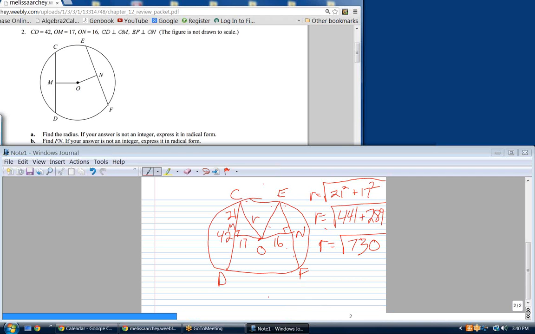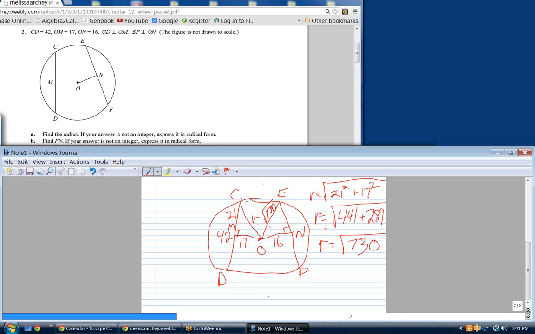Right. Well, we now know that that's the square root of 730, and then you do that squared minus 16 squared.